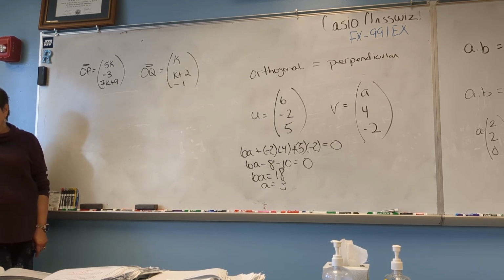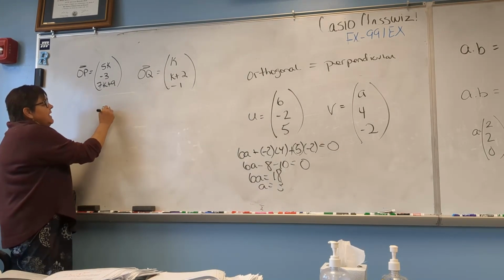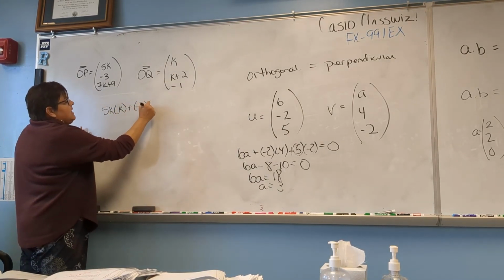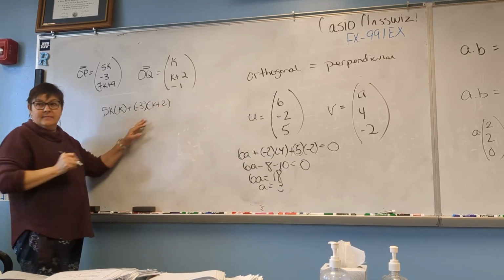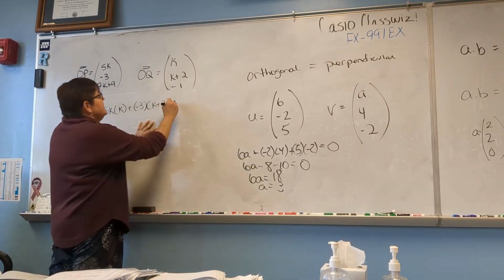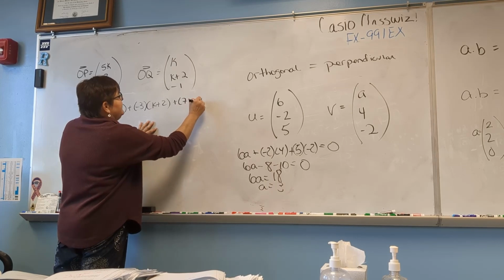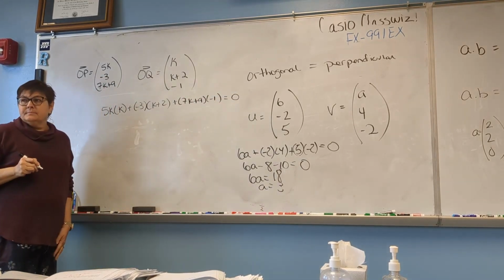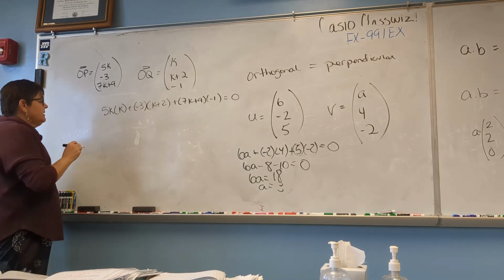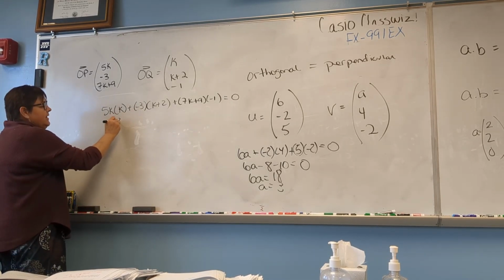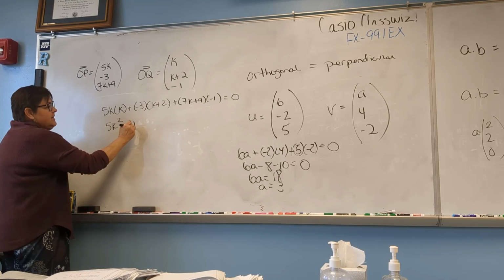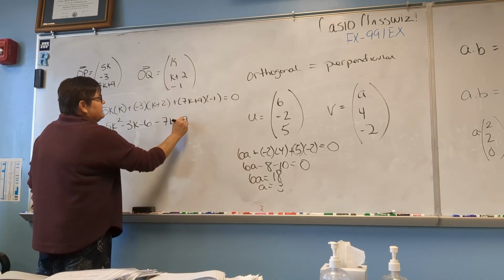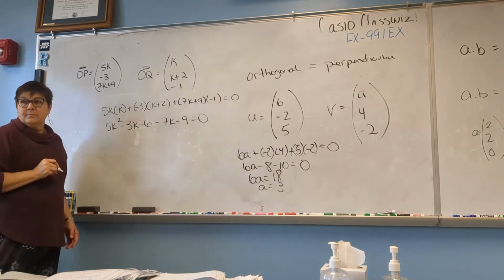5k times k plus negative 3 times k plus 2, yes? And then 7k plus 9 times negative 1 is 0. Are we good? So this is going to be 5k squared minus 3k minus 6 minus 7k minus 9 is 0.